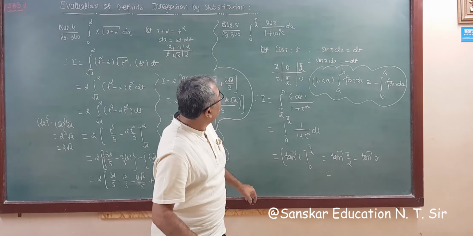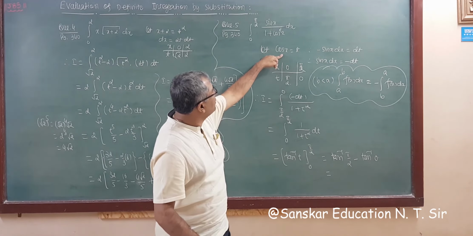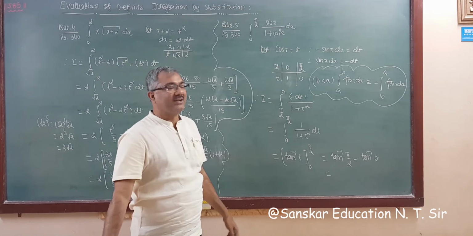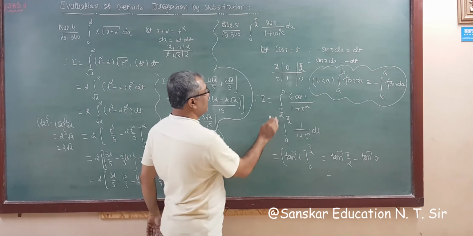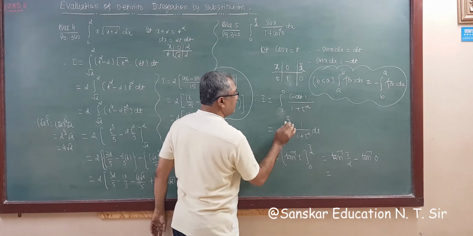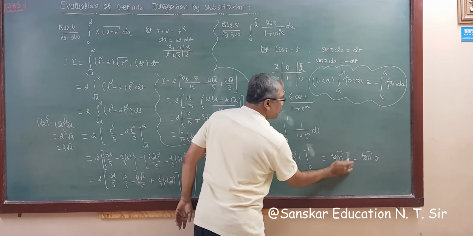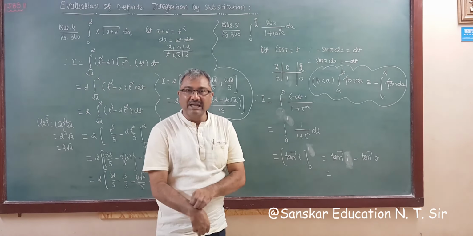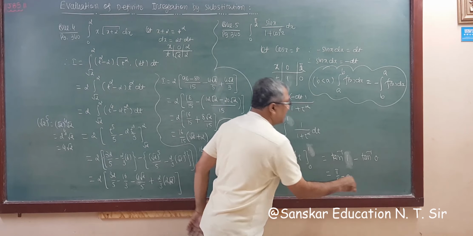Where we get 0, cos 0, cos 0 is 1, sorry. Cos 0 is 1, and cos pi by 2 is 0, so this is 1, and this is tan inverse 1, and tan inverse 1 is pi by 4, so the answer will be pi by 4 minus 0, right?